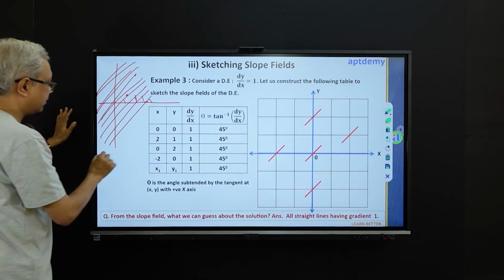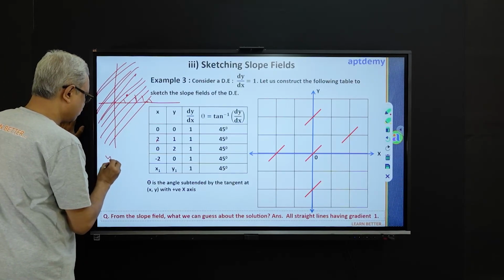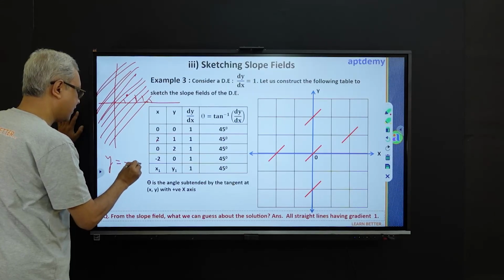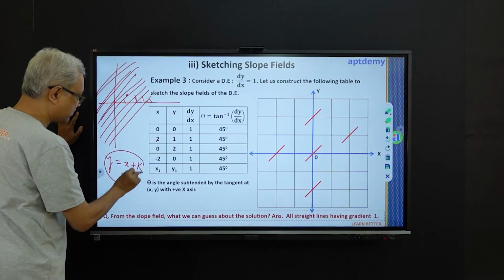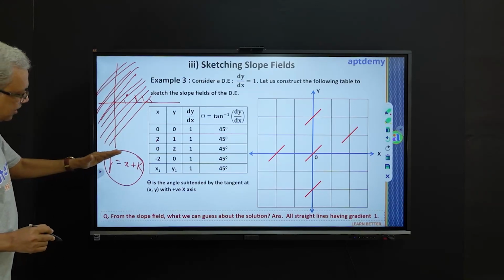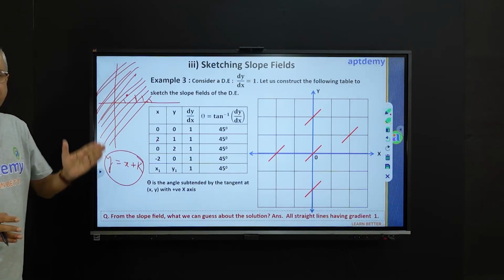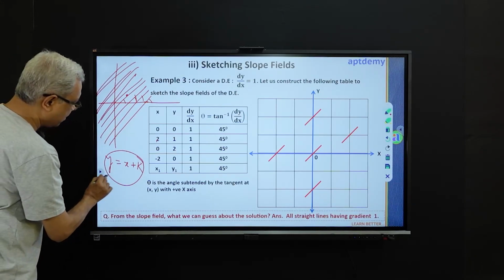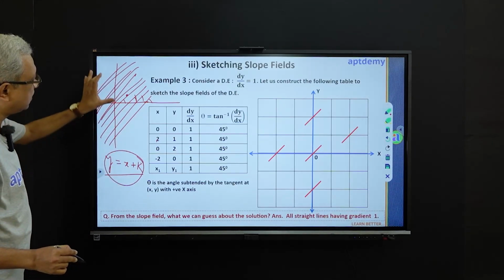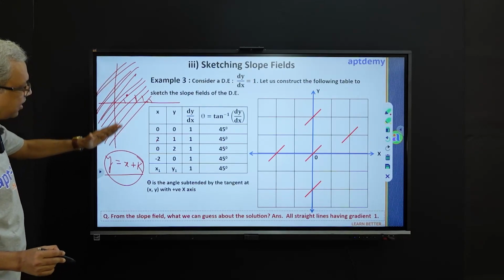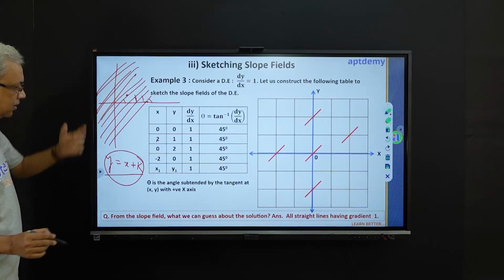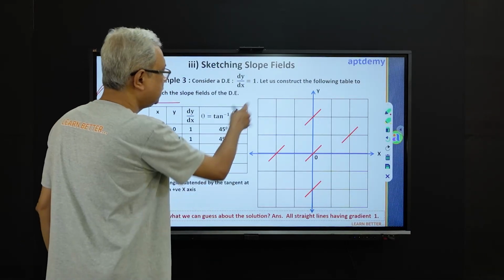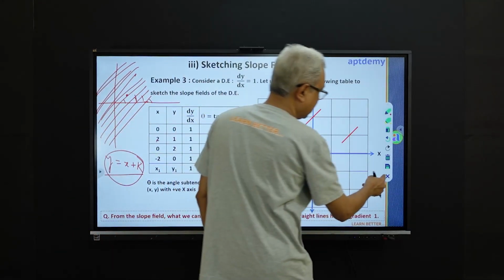We can say that the solution y can be represented by y equal to x plus k, because y equal to x plus k represents a straight line which makes an angle of 45 degrees with the x-axis. So with y equal to x plus k, we can represent all such straight lines making an angle of 45 degrees with the x-axis. Okay, so this is the significance of the slope field.